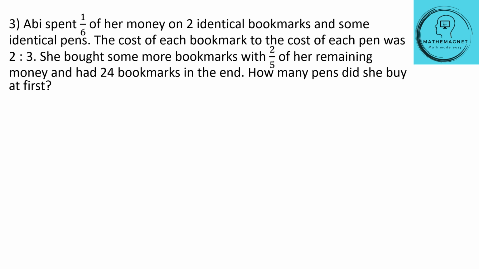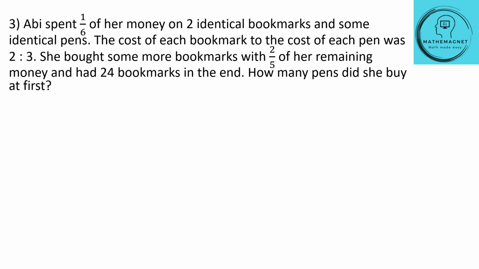How many pens did she buy at first? Initially she spent 1 by 6th of her money on 2 identical bookmarks and some pens. Then she spent 2 by 5 of the remaining and bought some more bookmarks, and at the end she had 24 bookmarks.